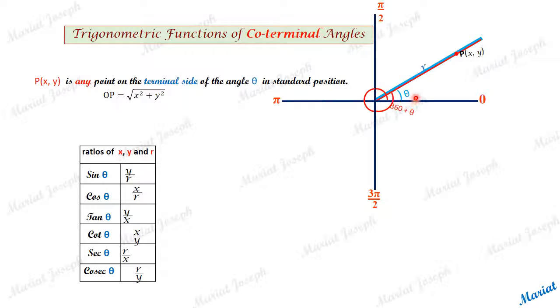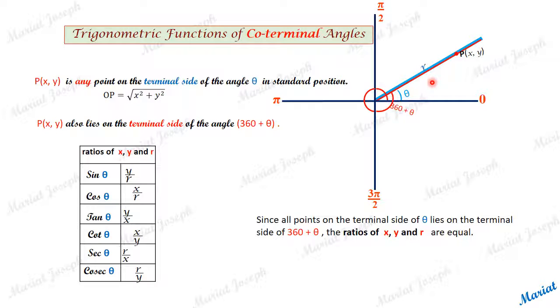So angle theta and angle 360 plus theta are called coterminal angles, having the same terminal side. Now if you want to take a point on the terminal side, it will be the same point. Hence, the distance will also be the same.